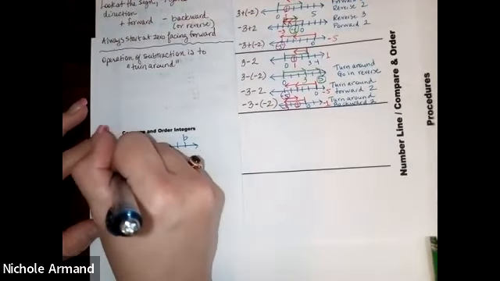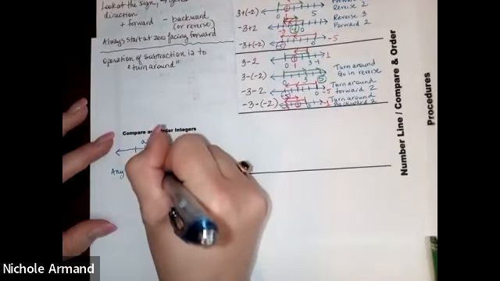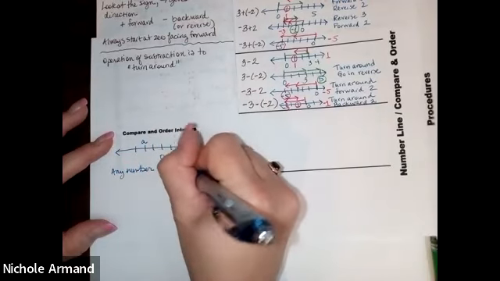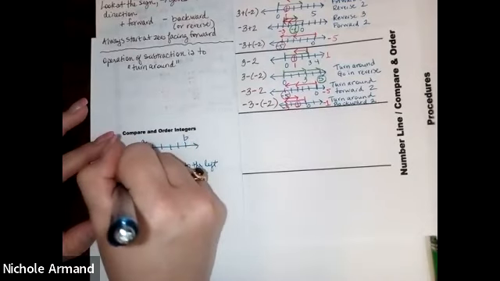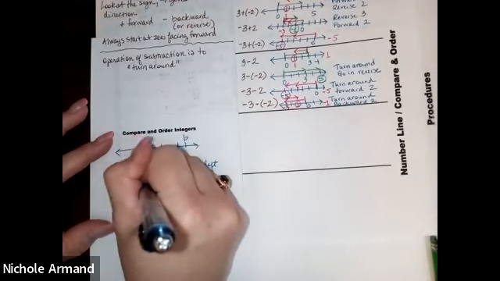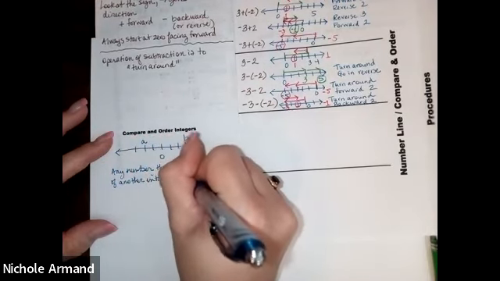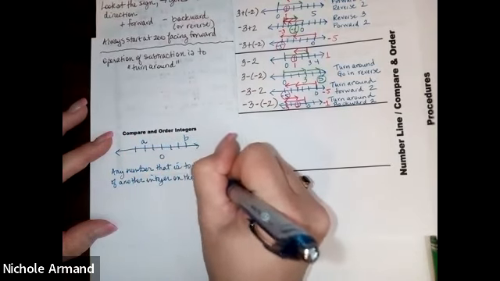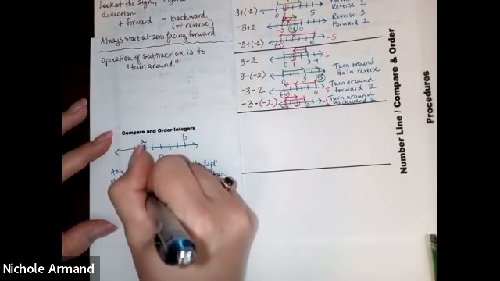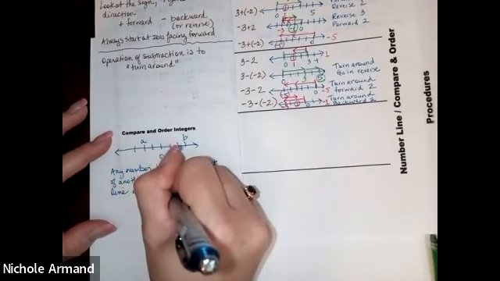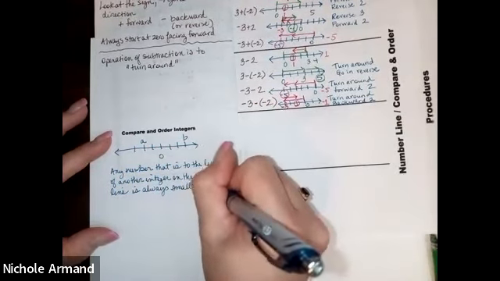So we're going to say that any number that is to the left of another integer on the number line is always smaller, or less than.